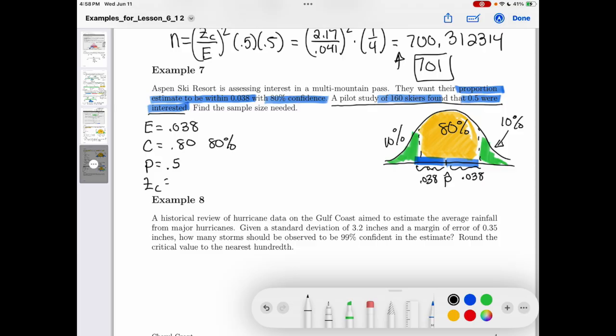So use GeoGebra to find that cutoff, so that you have 0.10 to the right in that right wing and 0.10 area under the curve to the left. Those two z values should be the same, just one positive and one negative. See if you get the same thing that I get. When I do it, I get 1.28 for my critical value, but you should check to make sure yourself that you know how to do that.